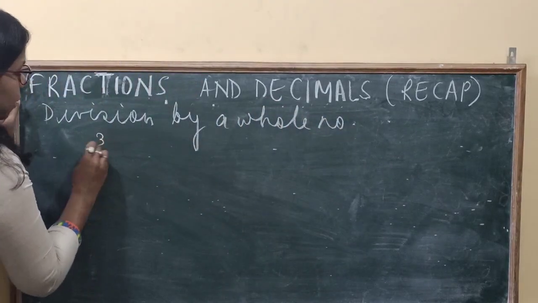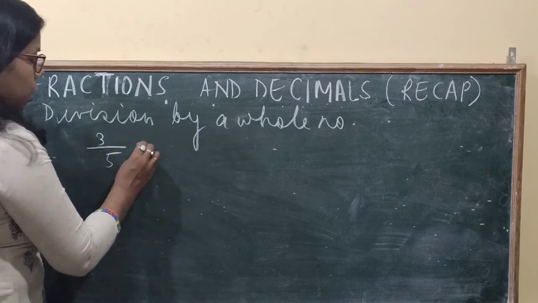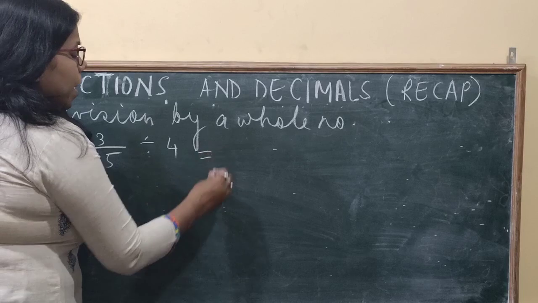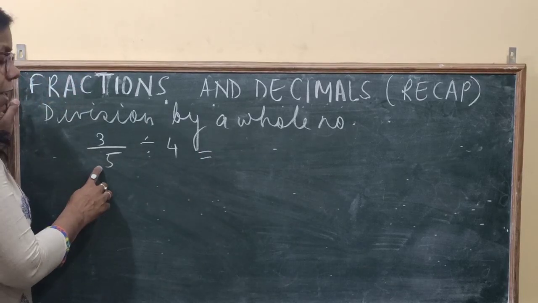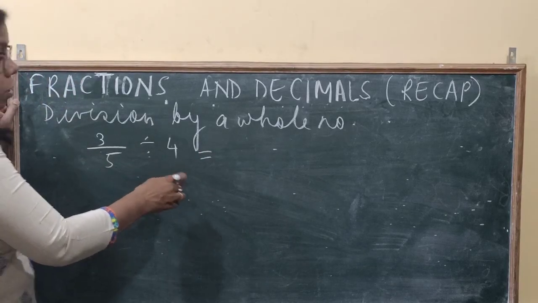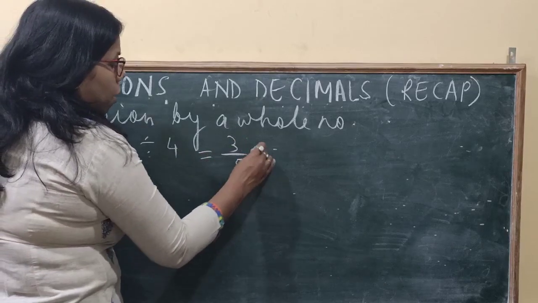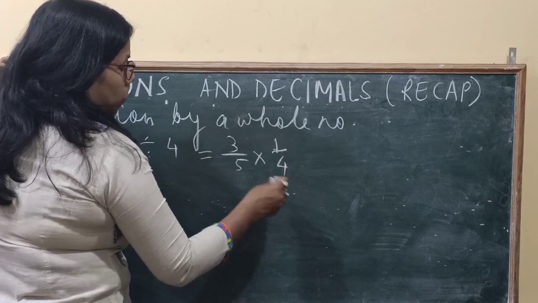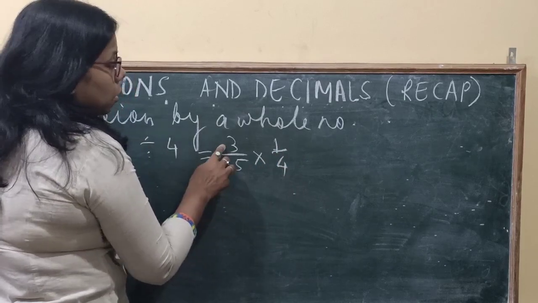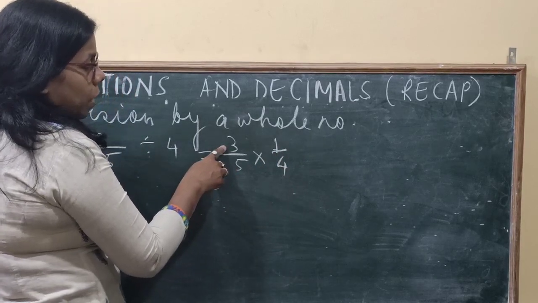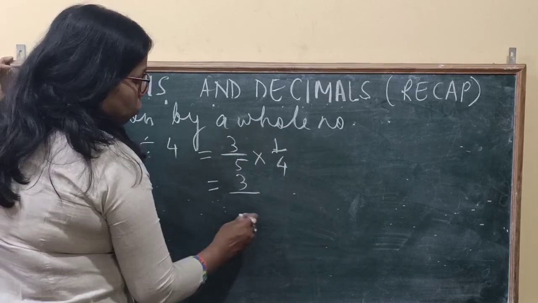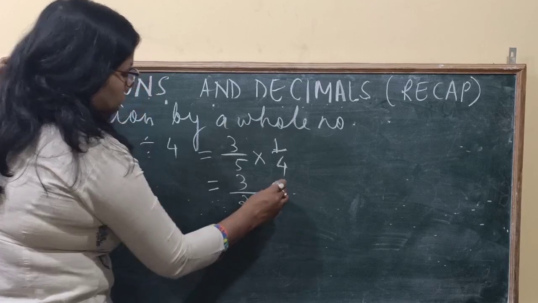So let us take 3 by 5 as a fraction and we'll divide it by 4. We are actually multiplying this by the reciprocal of this. So what do we do? 3 by 5 multiplied by the reciprocal of 4, which is 1 by 4. We'll multiply the numerator of the first one and the second one. 3 into 1, 3 and 5 into 4, 20.